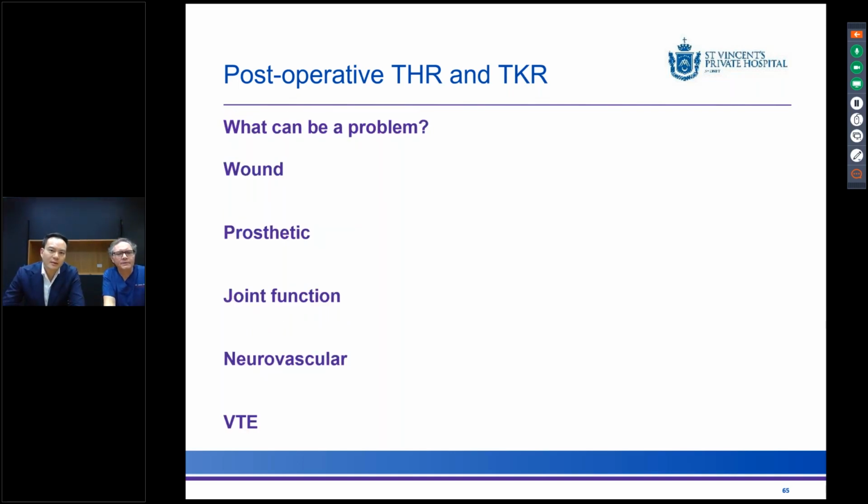Okay, so when we think about what categories of problems after joint replacement can be a concern, we can think about it in terms of the wound, prosthetic factors, joint function, neurovascular issues, and venous thromboembolism.